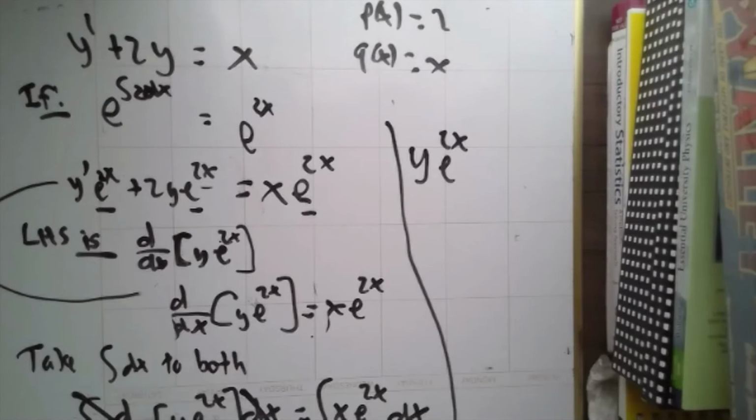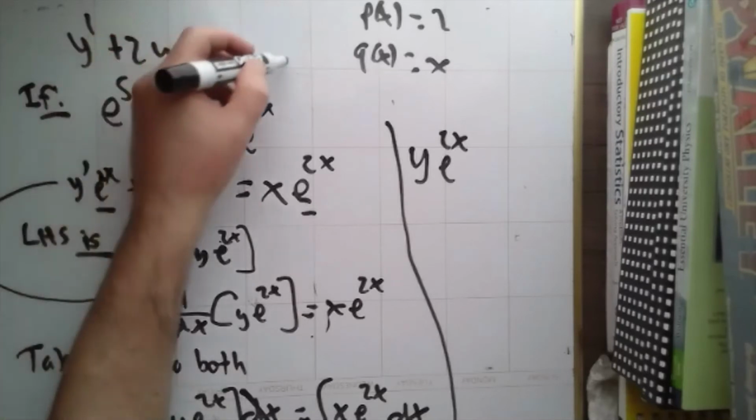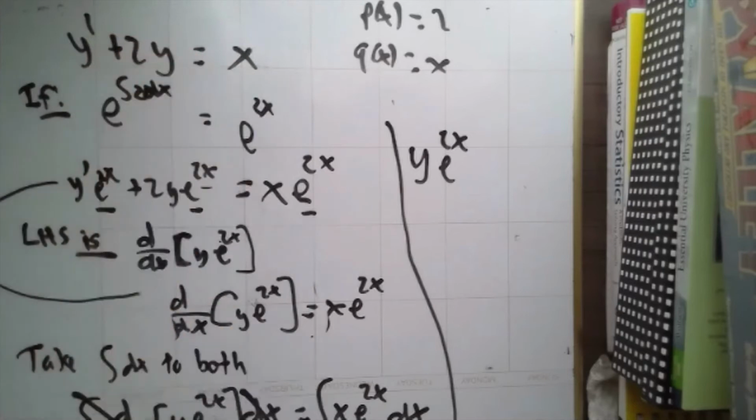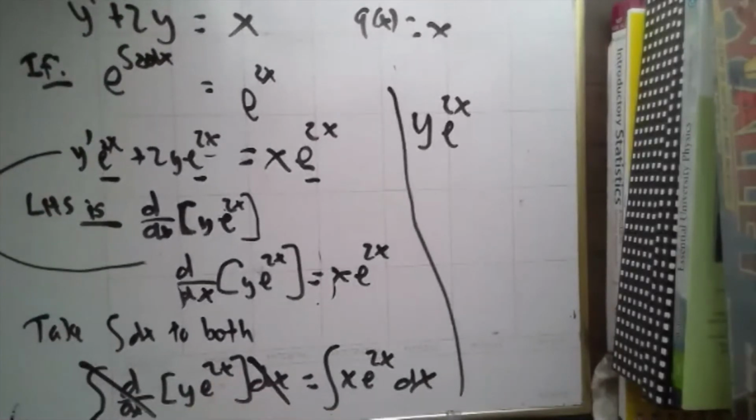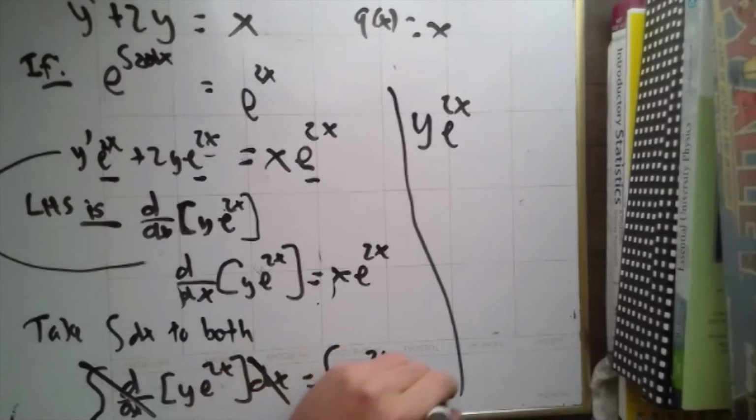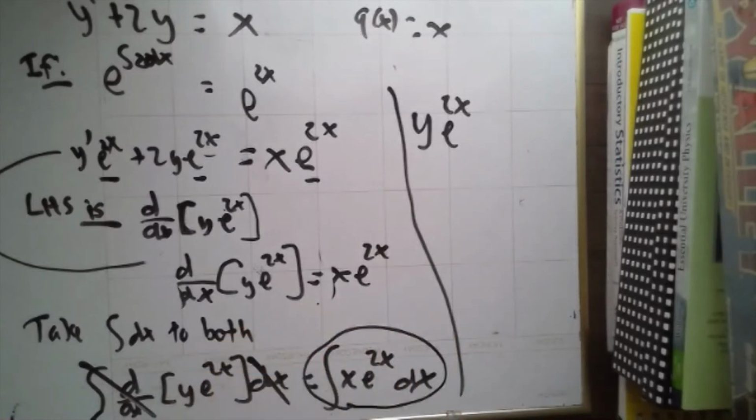I can't think of anything off the top of my head, but there are plenty of things we could have had here that didn't even look that bad. And then we get down here and we go, oh, there's no way to take that antiderivative. There's no general solution to that. I go through one of those in the first video. Okay, so now we have to do this nasty integration by parts.